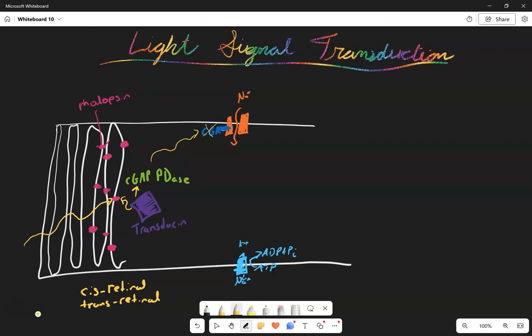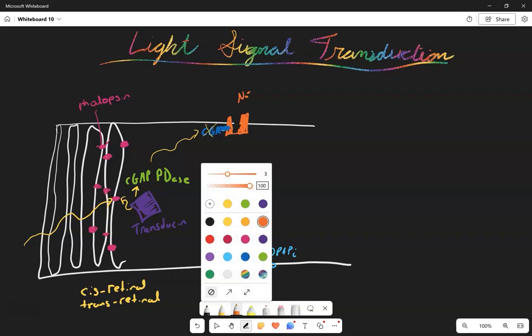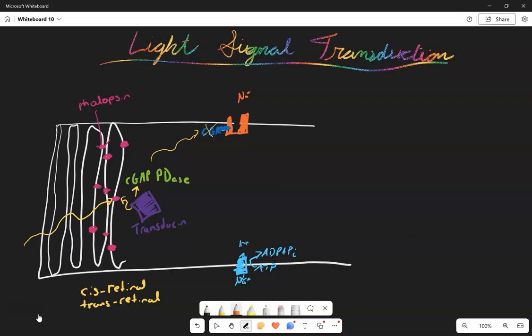So if that cyclic GMP gets broken down, this channel becomes shut and sodium can no longer move through it. So our channel shuts. If sodium can't move through that, what happens to the membrane potential of this cell? When this cyclic GMP gets broken down, sodium can no longer move through, and the membrane potential goes down.